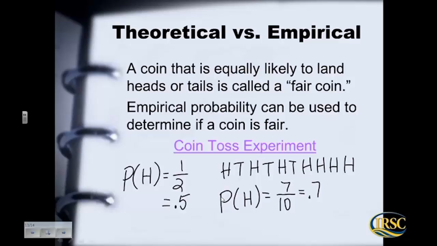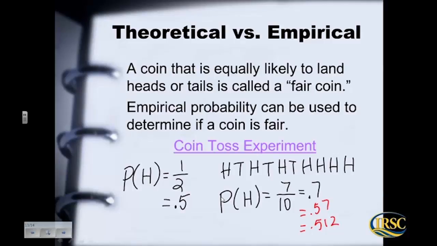What tends to happen when we use the computer to flip the coin for us is that when we do it 100 times, we get 0.57. Still not quite 0.5. Then let's say we do it 1,000 times, we get 0.512. Still not quite 0.5.